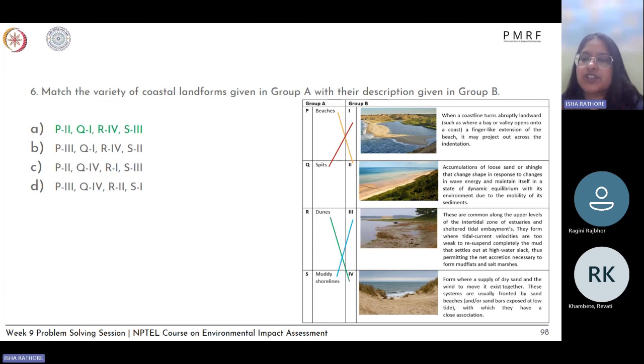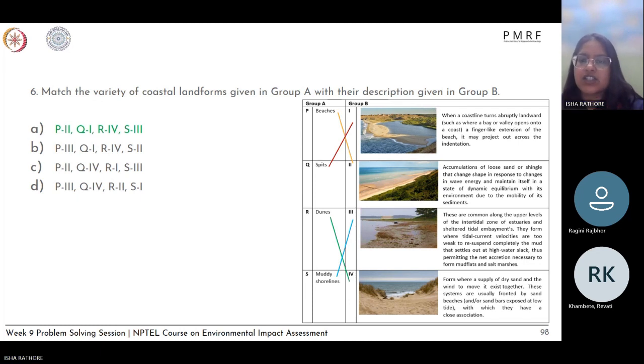Beaches are accumulations of loose sand or shingles that change shape in response to changes in wave energy and maintain themselves in a state of dynamic equilibrium with their environment due to mobility of the sediment. So P matches with 2. Then spits are where a coastline turns abruptly inward, such as where a bay or valley opens onto a coast.